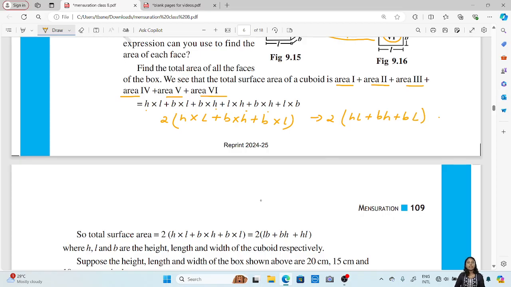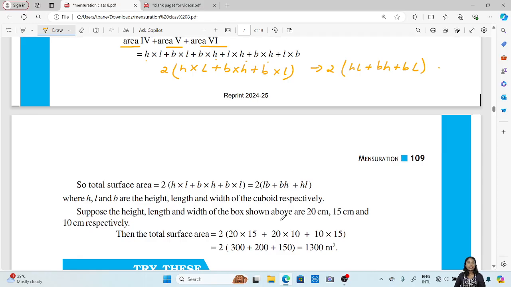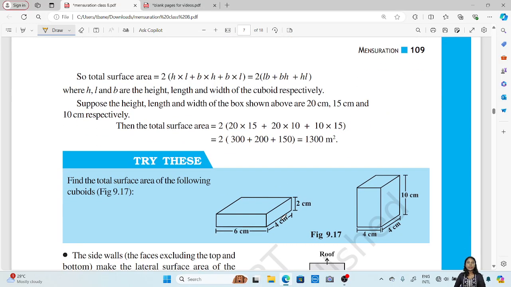Further, we can write it as 2 times (height into length plus breadth into height plus breadth into length). This is what tells us about the surface area of a cuboid, where h, l and b are the height, length and breadth of the cuboid respectively.